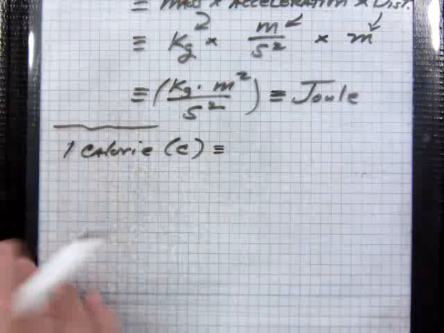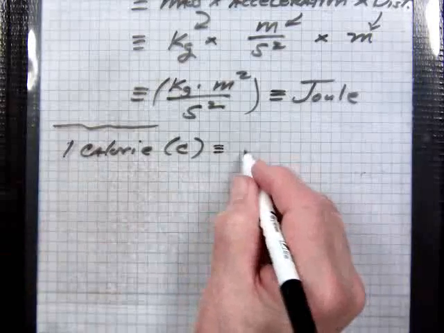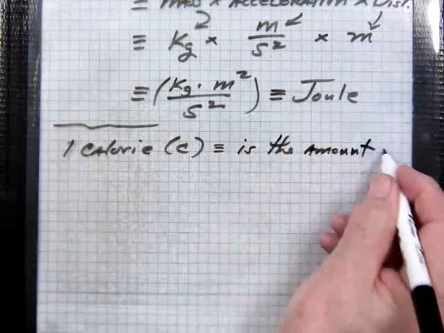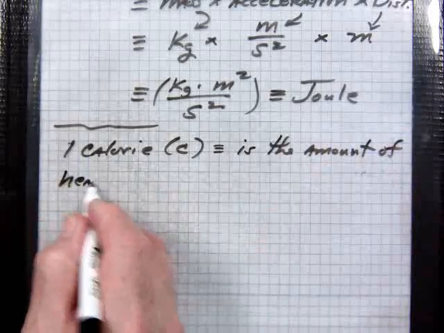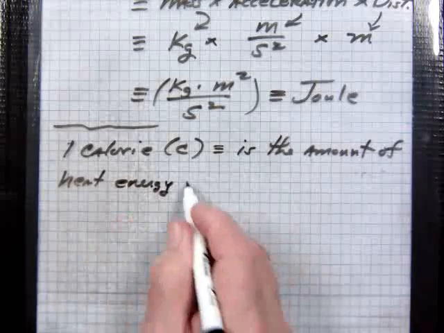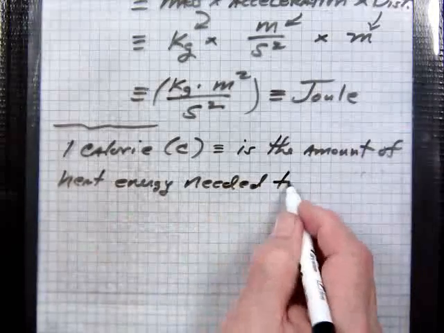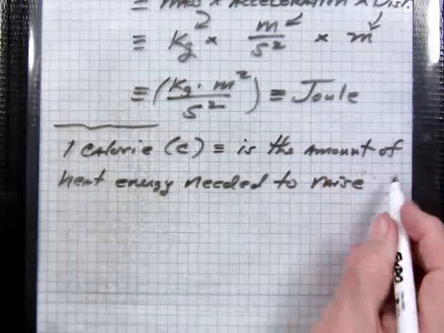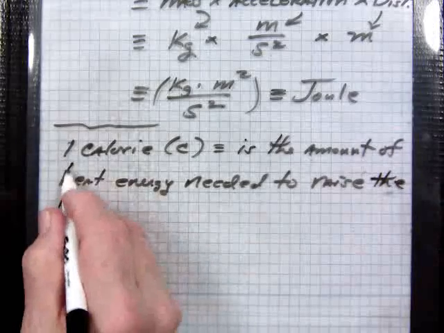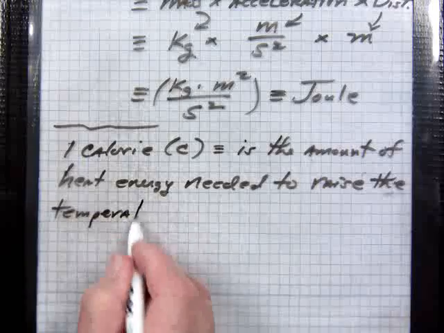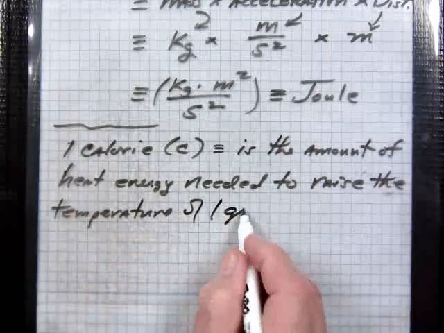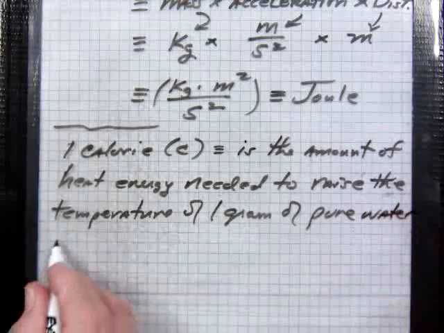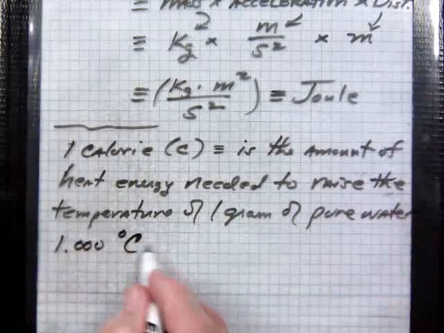And the basic definition is 1 calorie, by definition, is the amount of heat energy needed to raise the temperature of 1 gram of pure water by 1.000 degrees Celsius.